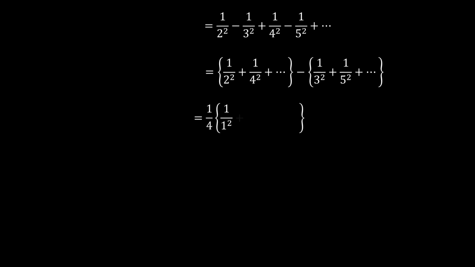If we pull a quarter out, this becomes 1 over 1 squared plus 1 over 2 squared plus 1 over 3 squared, and so on and so on. And this becomes 1 over 3 squared, so this just remains as it is.